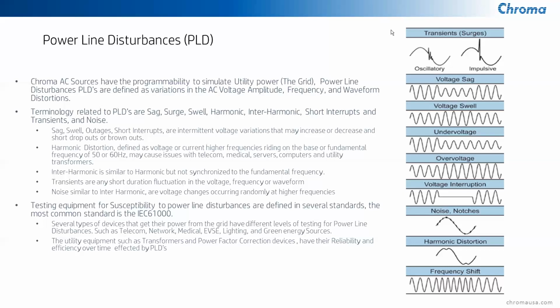Voltage sag, like a brownout condition, is where voltage will drop for a short period of time. Voltage swell is when the voltage rises for a short period of time. Undervoltage and overvoltage are similar. Then there are very short interrupts or various timing interrupts. It can also have noise or notches, as they're referred to in some cases. Harmonic distortion, which we'll talk about a little more, and frequency shifting.